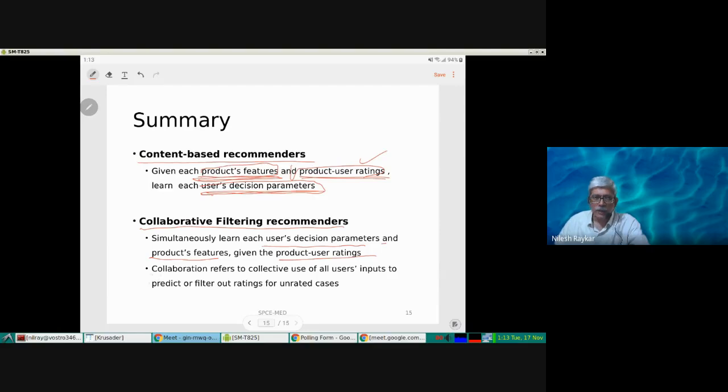So here each user's rating affects the product's feature definition, and as soon as you add a new user and he or she gives ratings to the old books or any newly introduced book, that dynamically changes both the thetas and x for this model.